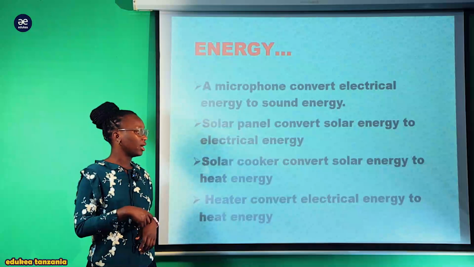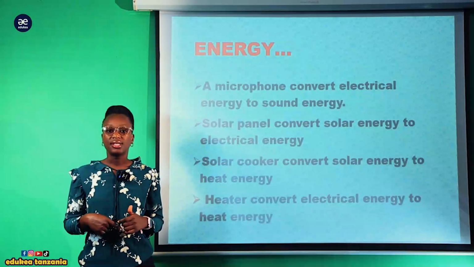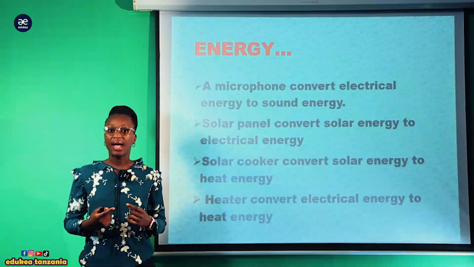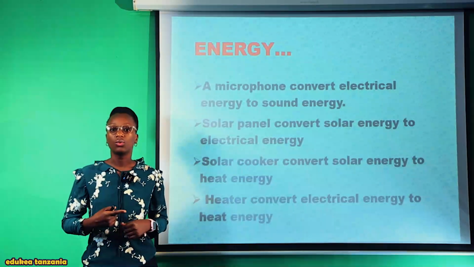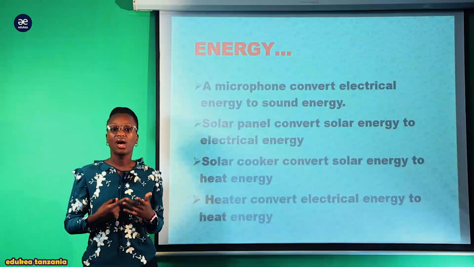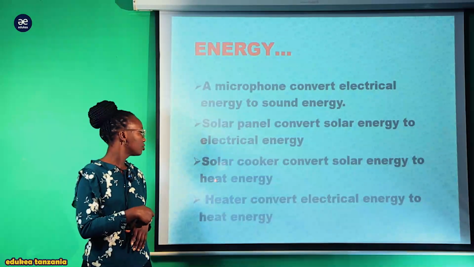Another is solar cookers. Solar cookers are those used in the generation of solar energy, developed to be used for cooking purposes. So you can see the solar cooker converts solar energy to heat energy.